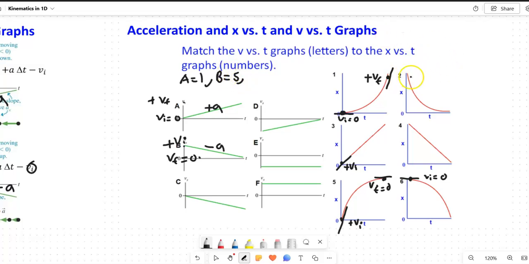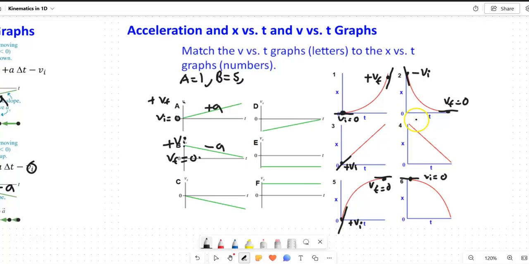All right, let's start out with number 2. Let's start out with the position versus time graph. Right here, the slope at that point is the initial velocity that's positive. Oh, that should be negative. So it's got a negative initial velocity to start, and then in the end, its final velocity is going to be equal to 0.